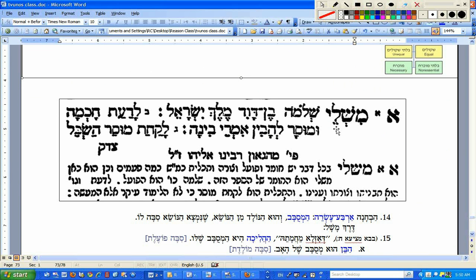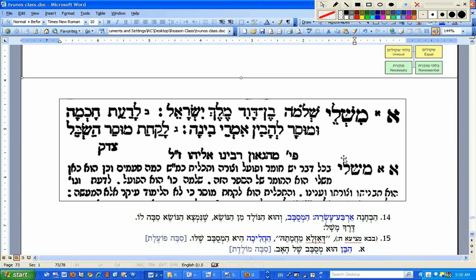It's written by Shlomo ben David, who was the king of Israel, to know wisdom and musar and ethics, and to understand wisdom, to take wisdom, lakachas musar haskel, to get the point of things.